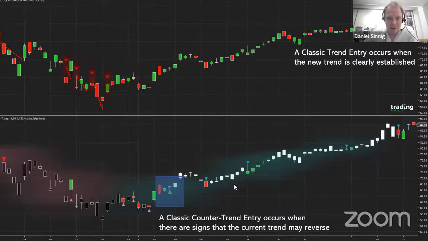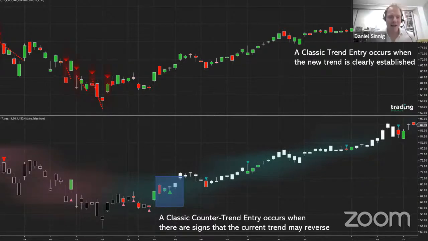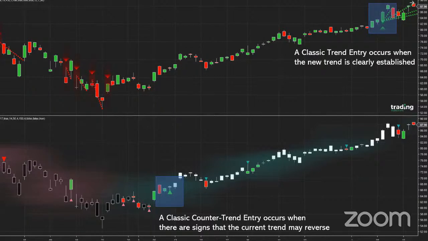You could use the greenish glow as an extra confirmation for this entry signal, or perhaps as a filter if it goes against the signal. So yes, absolutely. Casey wants to know if the cloud can be adjusted to see it better. Yes, we're going to discuss all these, but every single aspect of our indicators can be customized, including the cloud intensity.